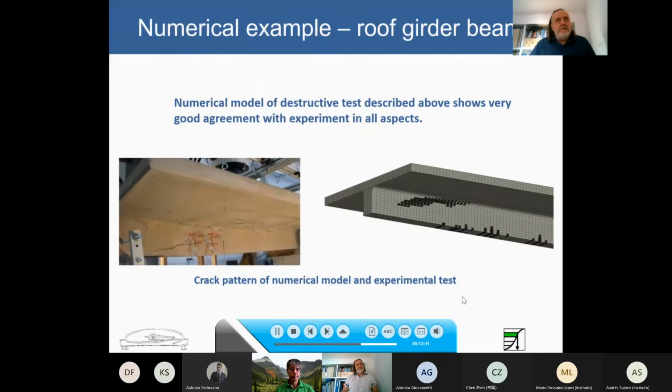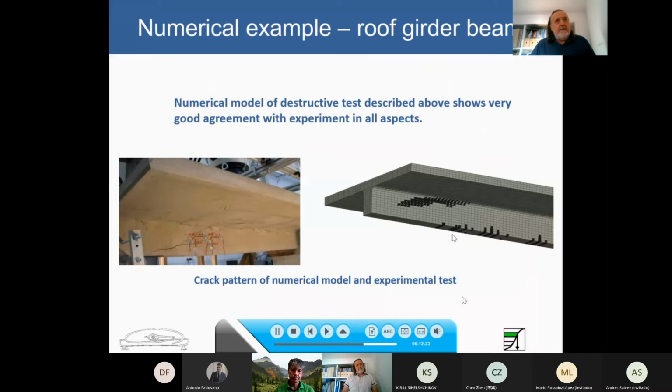So finally, I will show you some practical application. These are roof girder beams produced actually by Austrian company Oberndorfer. There was a big research behind. You can see the large-scale test and pattern from the test.